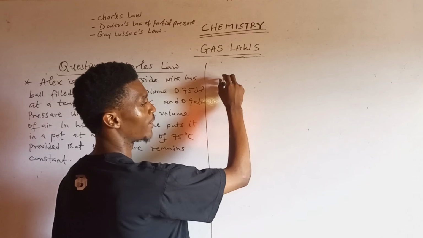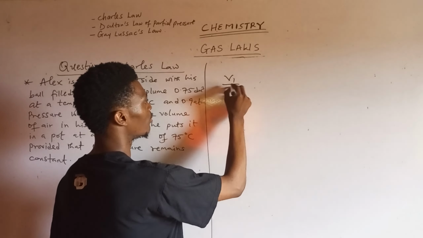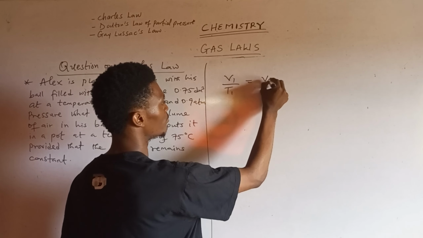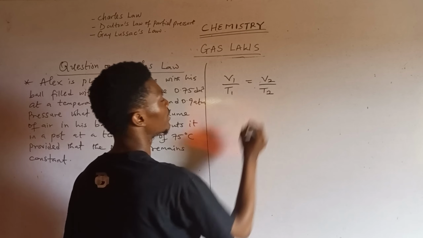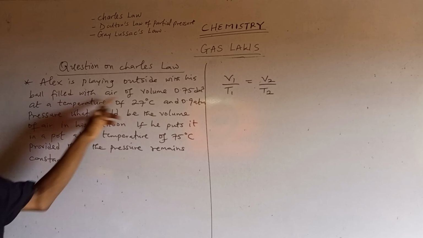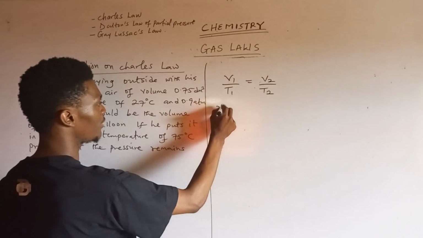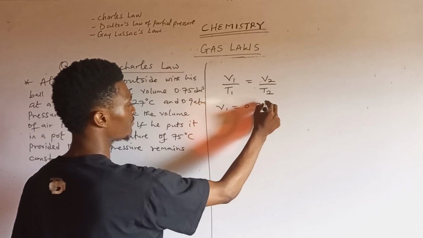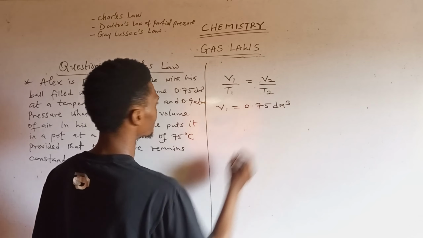The formula of Charles' law is V1 over T1 equal to V2 over T2. So let's represent the parameters. Looking at this, we are given the initial volume V1. V1 is 0.75 dm cube.